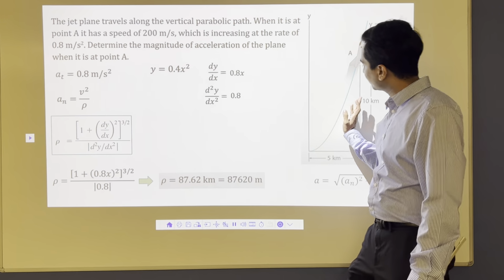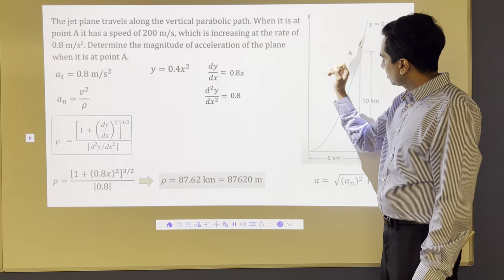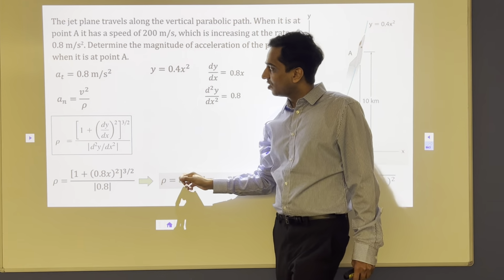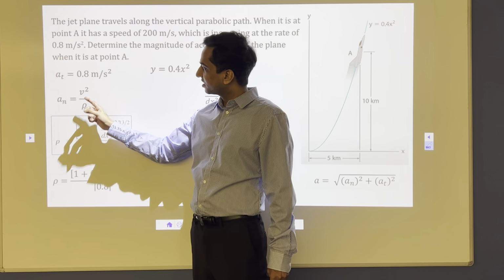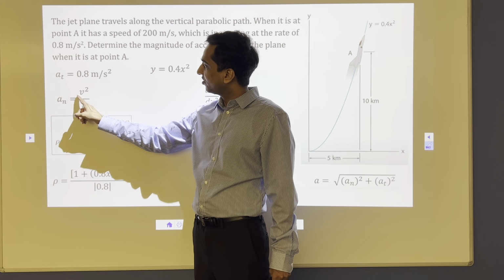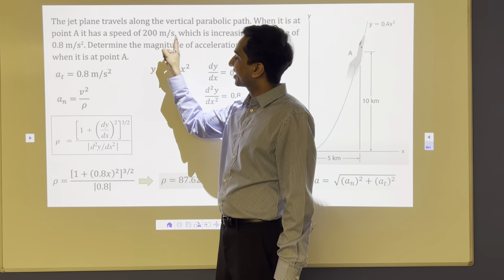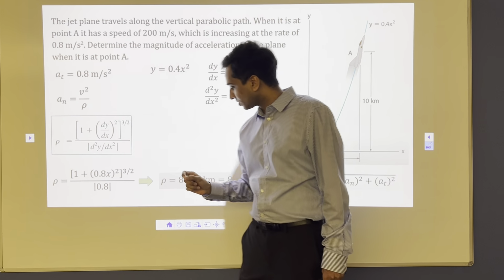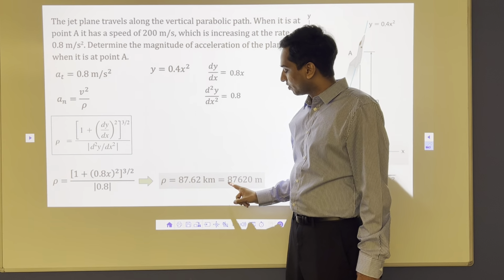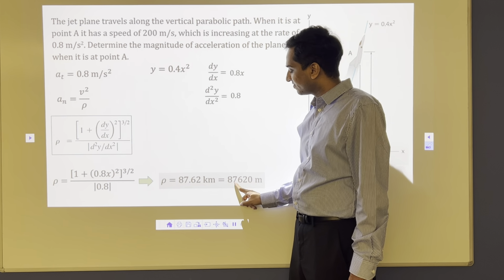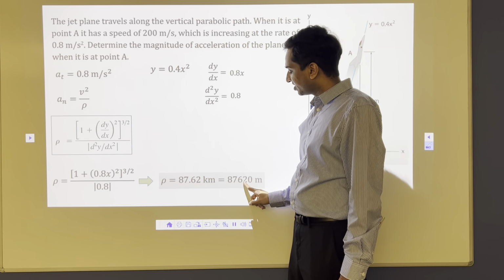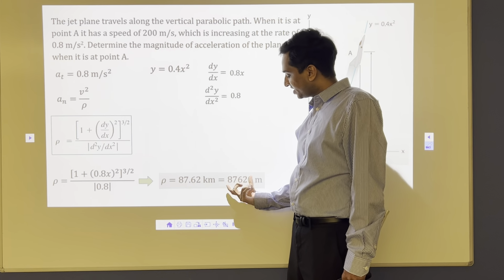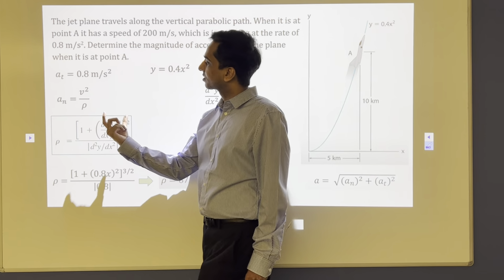So somewhere at 87 kilometers, I have the radius for this point. Whenever you use this number, keep in mind velocity is in meter per second, and therefore this rho should be in meters. So I'm going to convert that 87 kilometers into meters. It will be 87,620 meters.